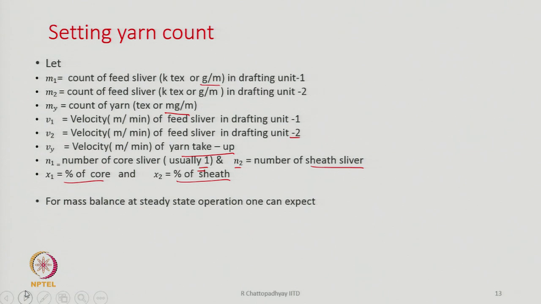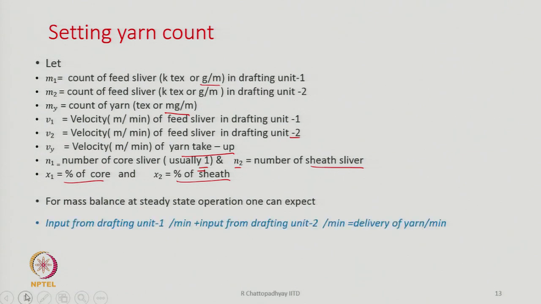For mass balance at steady state operation, one can expect whatever we feed, the same amount should be delivered. So, input from drafting unit 1 per minute plus input from drafting unit 2 per minute, that becomes my total input, that should be equal to delivery of the yarn per minute.